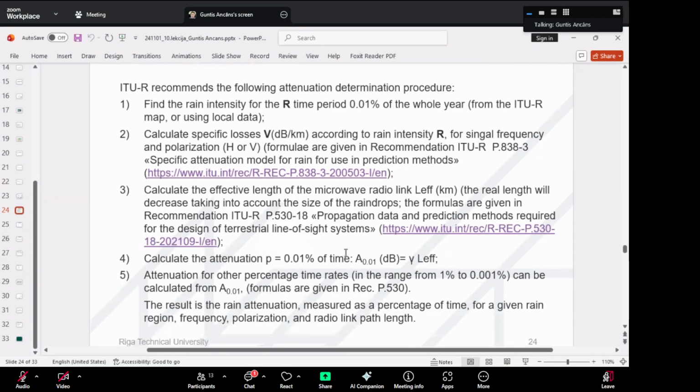And next, attenuation for other percentage time rates if needed, according to formulas given in P.530. The result is the rain attenuation measured as a percentage of time for a given rain region, frequency, polarization, and radio link path length.